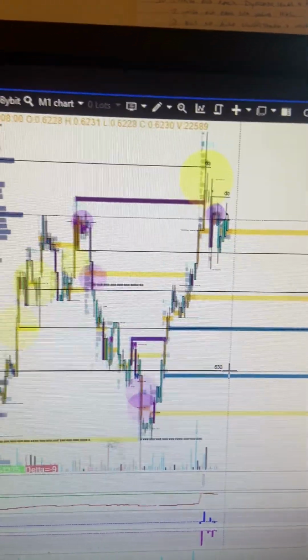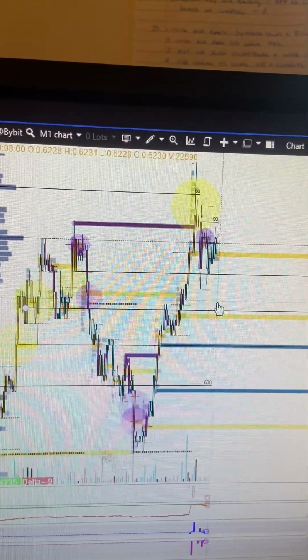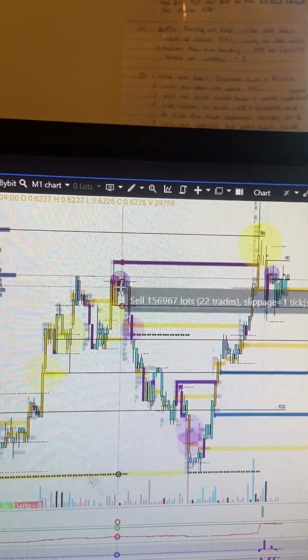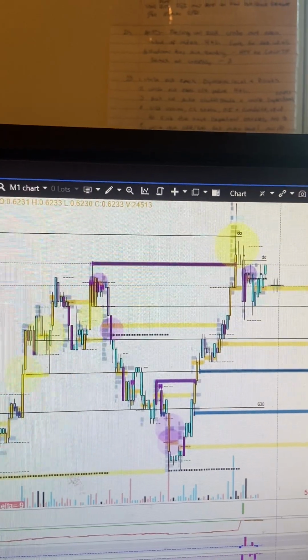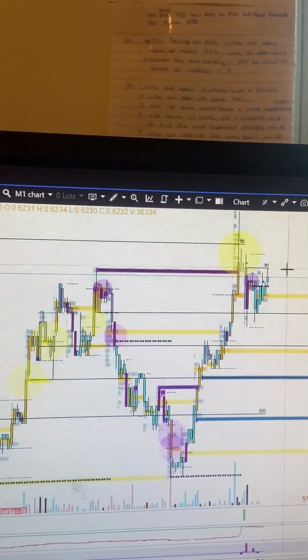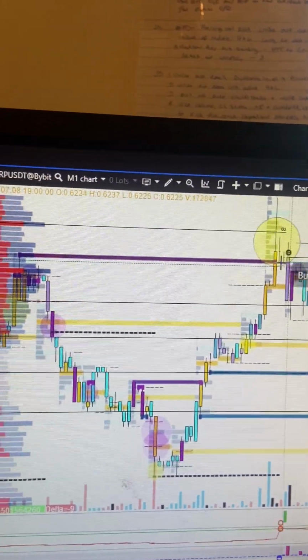And then with that information, so once this were to break, another thing you can use is basic price action rules. Whatever time frame you're trading on, so obviously this is the 1 minute, if this closes above the high wick, which it did, you can expect a continuation on the bullish structure.